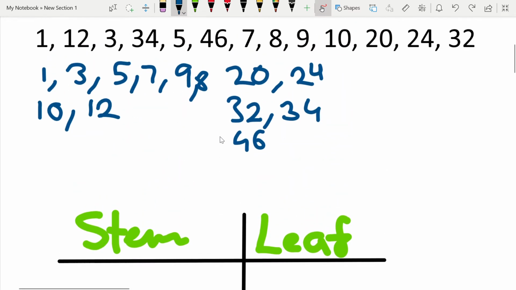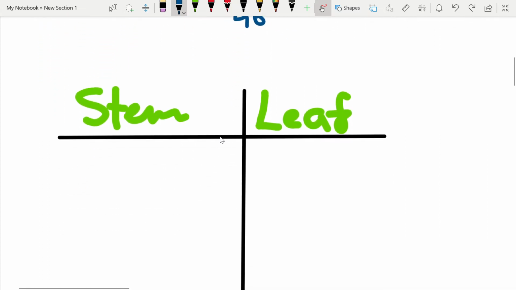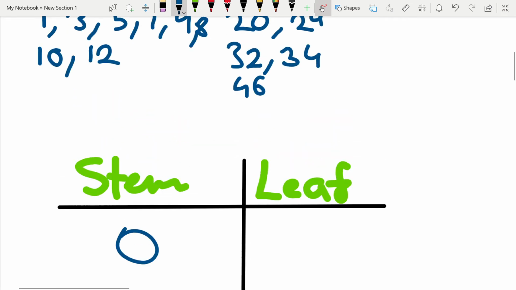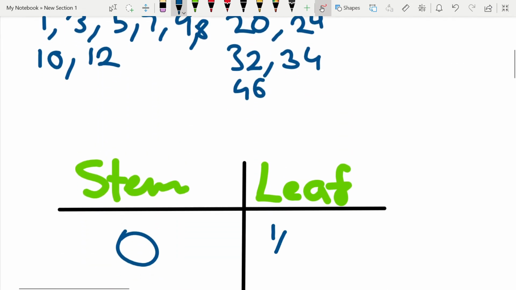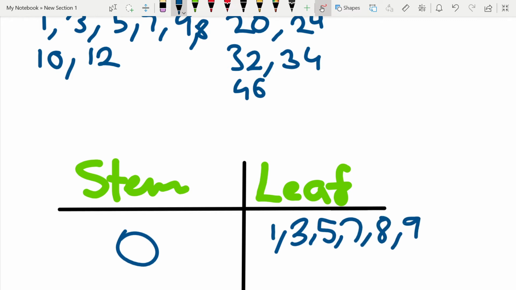Now, they don't have 2 digits, so we can only see 1. What's the number before 1 or 3 or 5? Yes, it's 0. So we write 0 in the stem, and in the leaf, we write 1, 3, 5, 7, 8, and 9. Just keep in mind to put them from least to most.